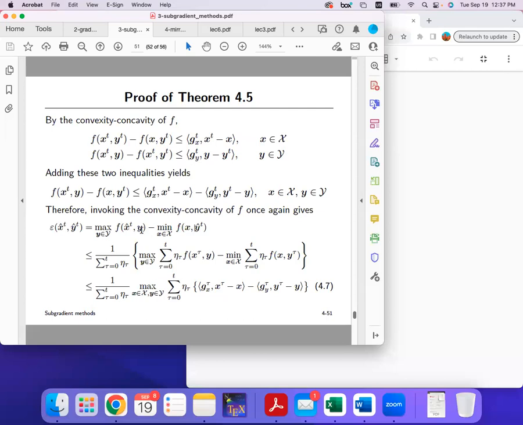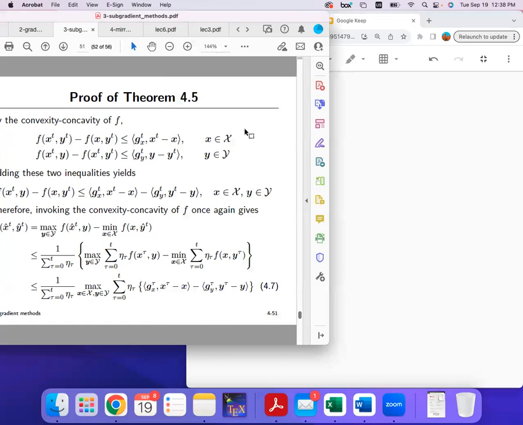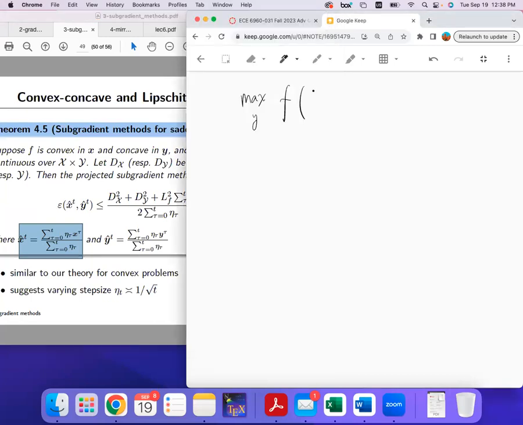Now let's write it down here. So we have max over y of f at x hat t, y. I can plug in the definition of x hat t. Go back to the theorem. This is x hat t. Let me copy it here.